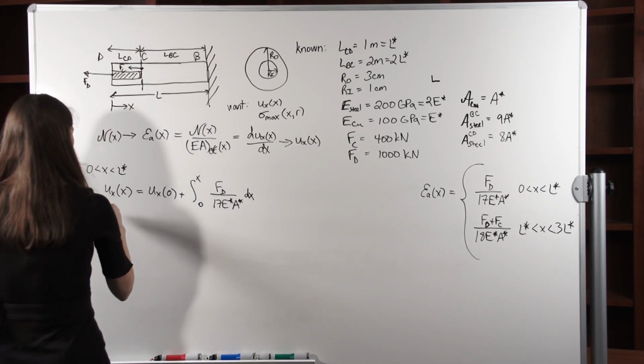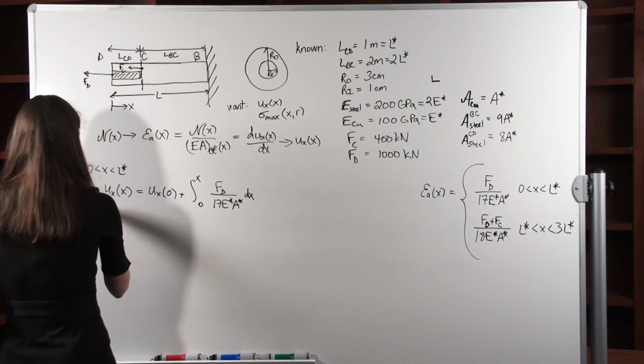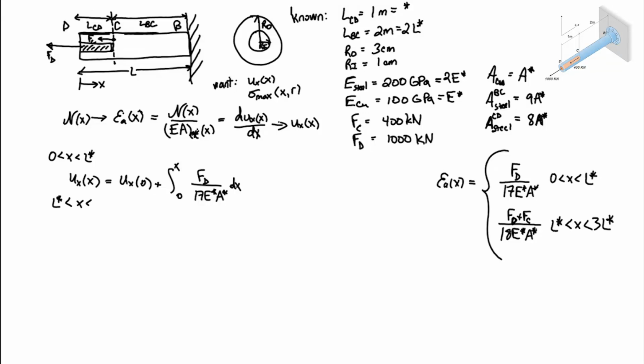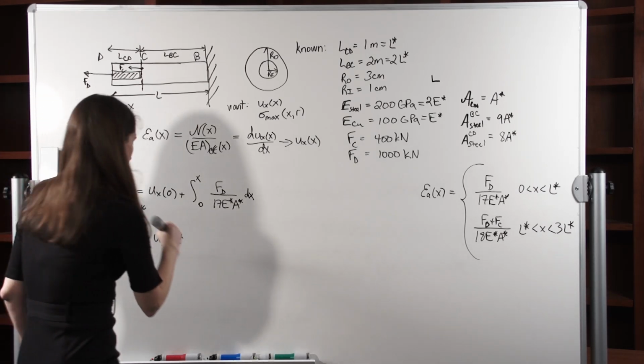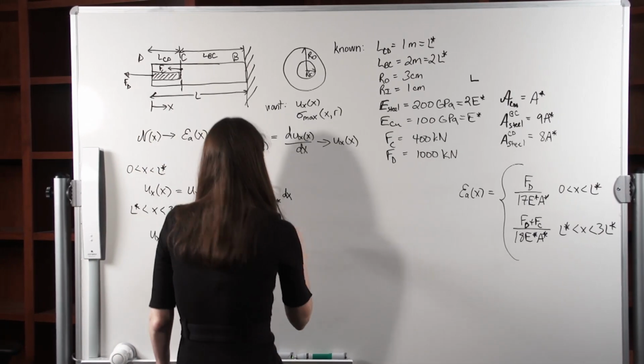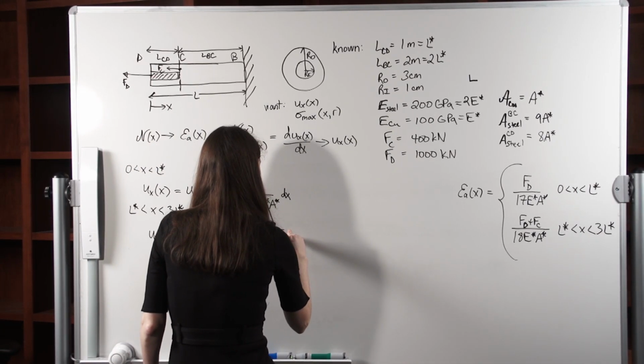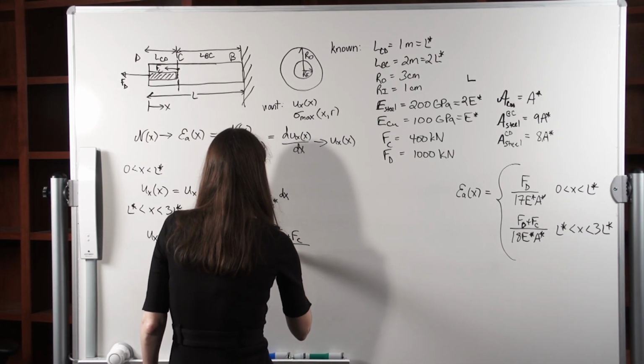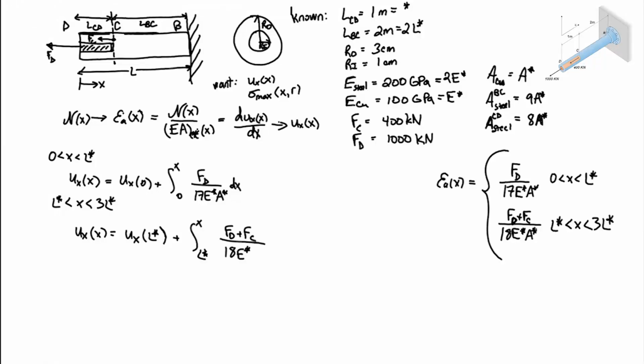And then for section BC, we have x from L star to 3L star. Okay, so in section BC, we have u_x of x is equal to u_x of L star, right? Remember, we can't start from 0 now. So we have u_x of L star plus the integral from L star to x of this guy over here, so Fd plus Fc over 18E star A star, dx.